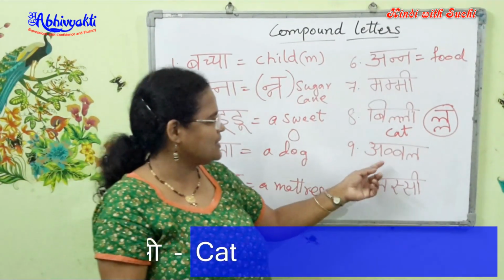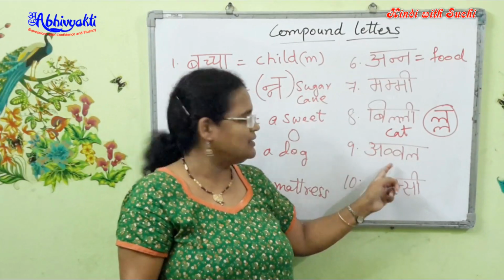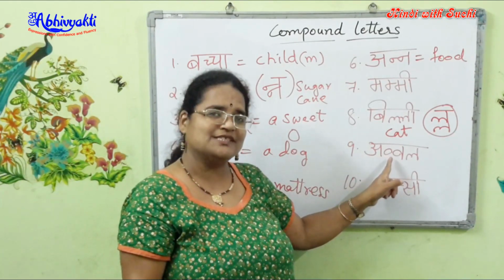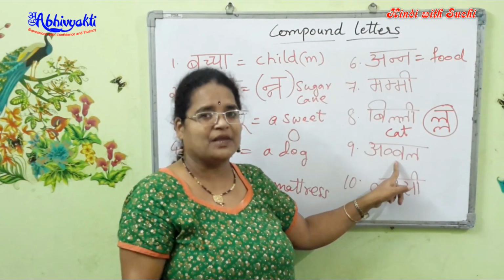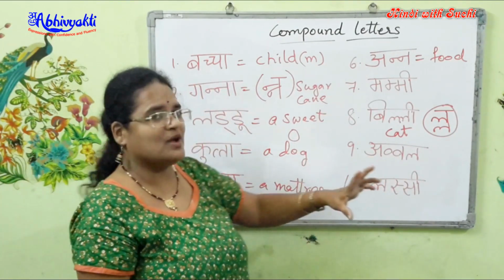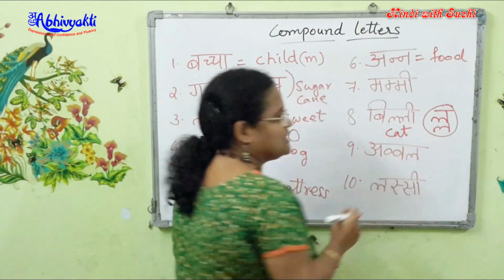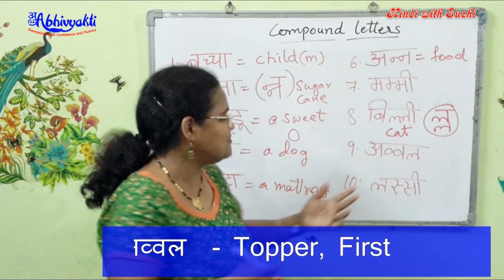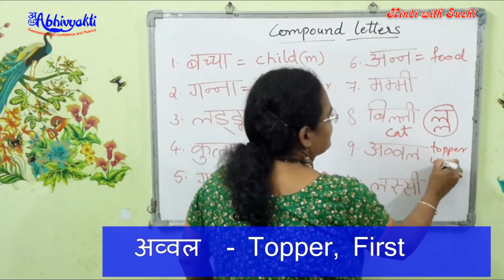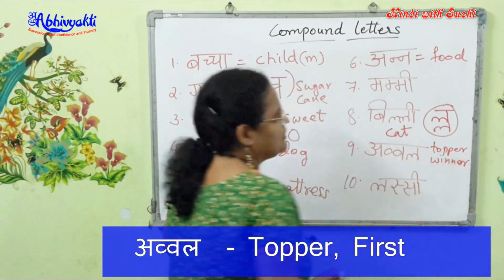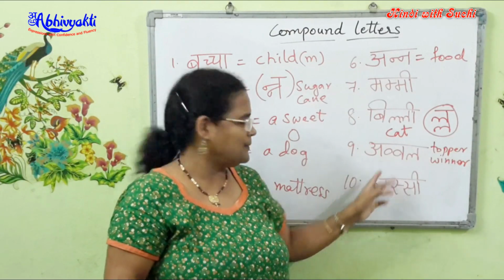And then I have one Urdu Hindi word, awwal. Here again I have the letter without the stem joining another letter. So awwal. Awwal is like number one, the winner in that sense. It's like the topper, winner, or number one, in that sense we use awwal.